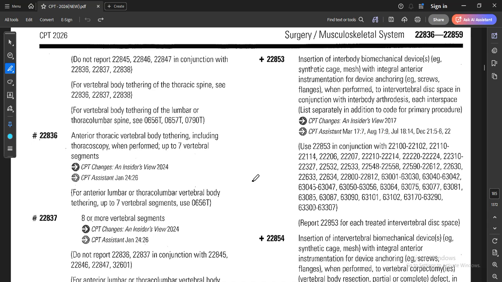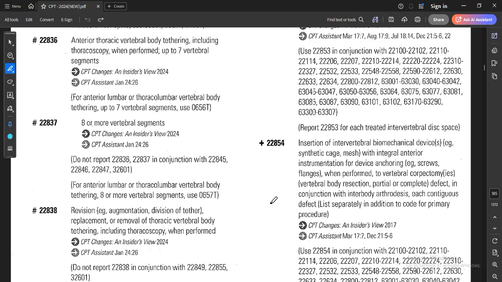L1 to L3, how many interspaces? 2 interspaces. So how many times will you use 22853? 2 times. See here, each interspace means you can use this code, 22853, multiple times. Only one consideration: you need to use this code along with these primary codes.